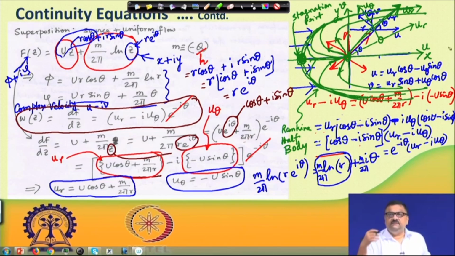So, these are the information we can extract out of it. I am going to close this section now. In the next lecture, I will revisit this equation, particularly this envelope and the stagnation point, and try to see what all information we could gather out of this superposition of flow. Thank you, and I'll continue in the next session.